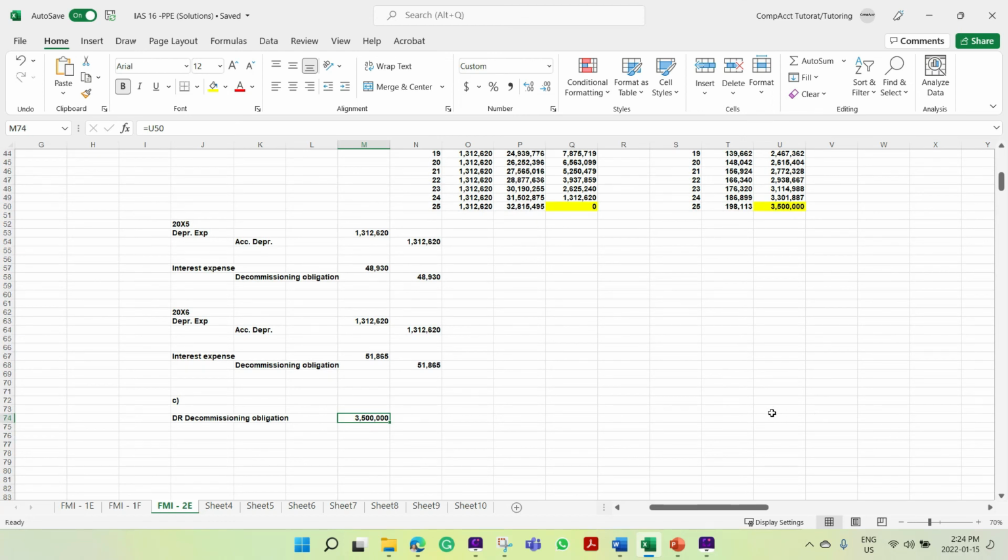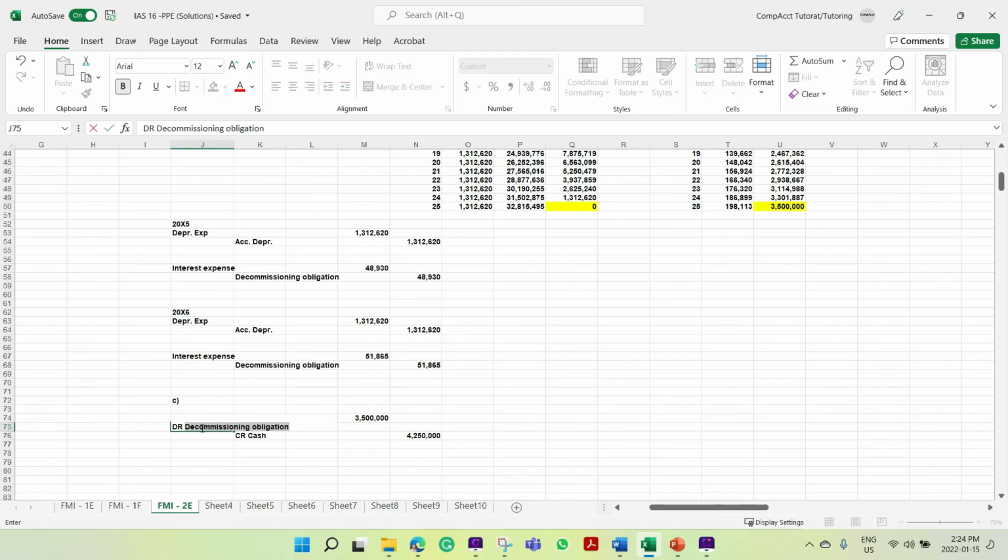Then there's another entry that I know for sure is happening, and it's the cash that's going out, right? So I'm going to credit cash, okay, and what's going out is 4.25 million. Boom. Okay, and now there's a gap obviously, and that's my loss. Anytime I've got a loss, I've got a debit.